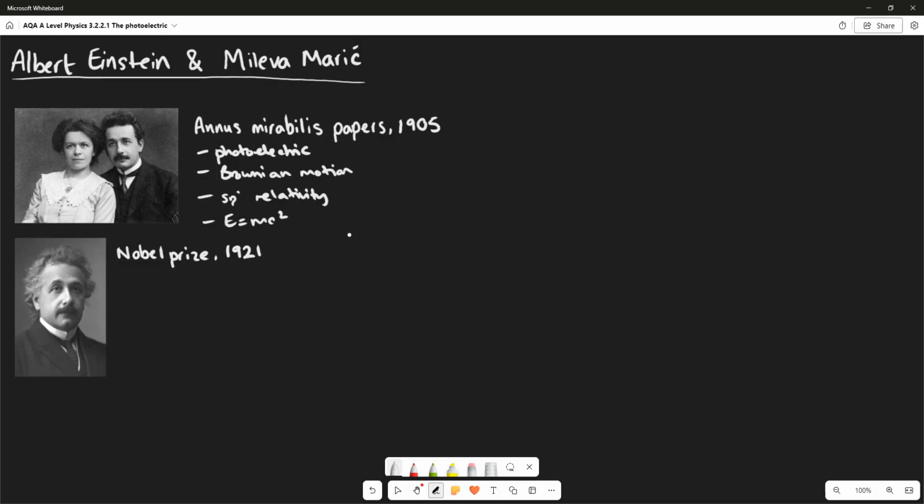All of these were published in the same year, in 1905. And it's widely accepted that his wife helped him with this and that it was a joint endeavour.